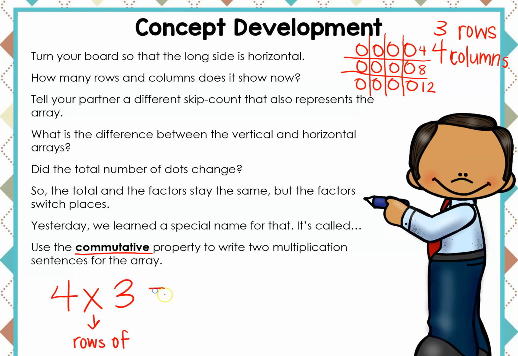Okay, so 4 rows of 3 is equal to, and for our other array, we would have 3 rows of 4. So according to the commutative property, 4 times 3 is equal to the same thing as 3 rows of 4, or 3 times 4. They both equal 12.